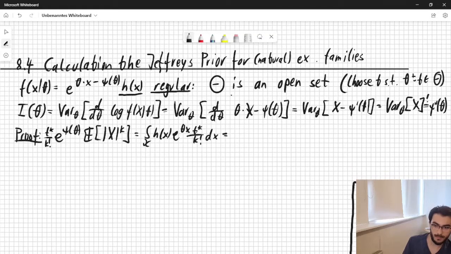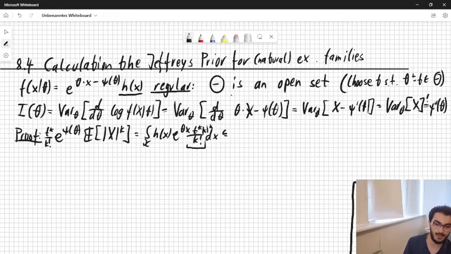So this integral, we can say it's actually, I'm missing something. I'm missing the absolute value of x to the power of k. This here is just a part of the power series of the exponential distribution.